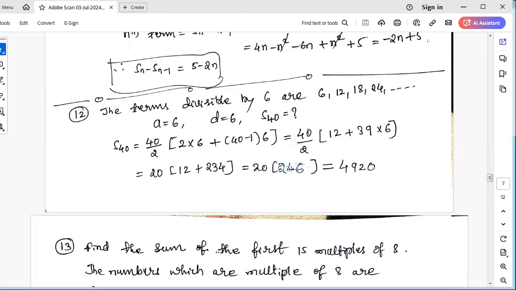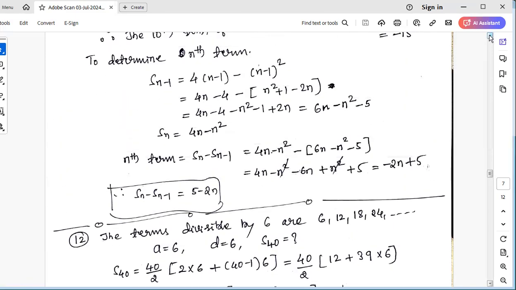So 40 by 2 is 20 into the bracket 12 plus 39 into 6. 39 into 6 is 234. So this is equal to 20 into 246, which is 4,920. So this is the solution of problem number 12.